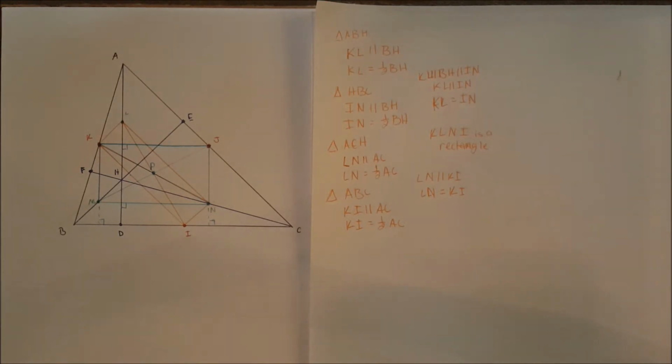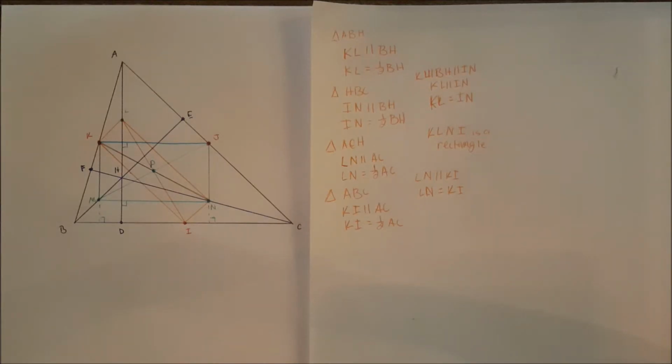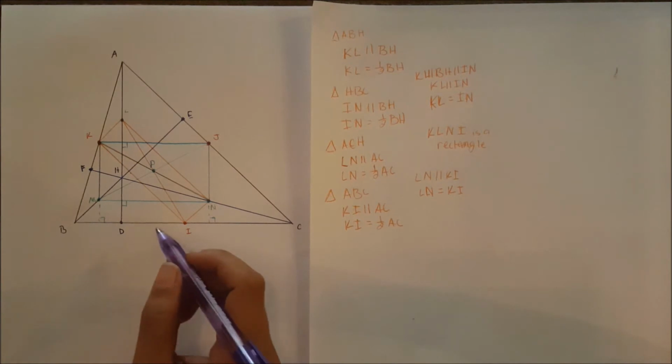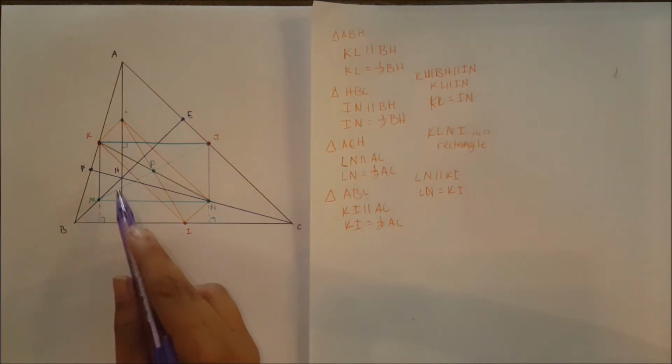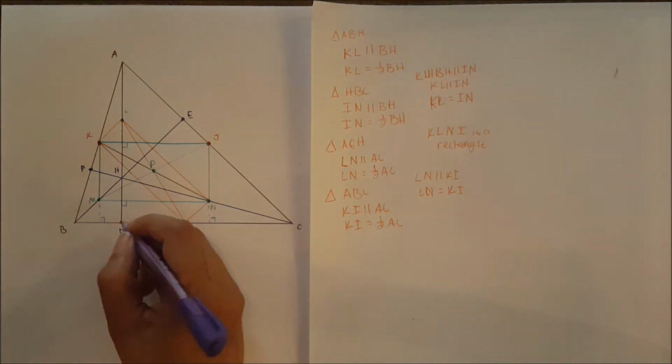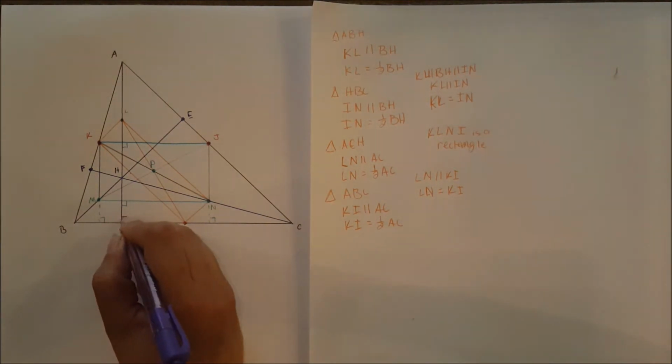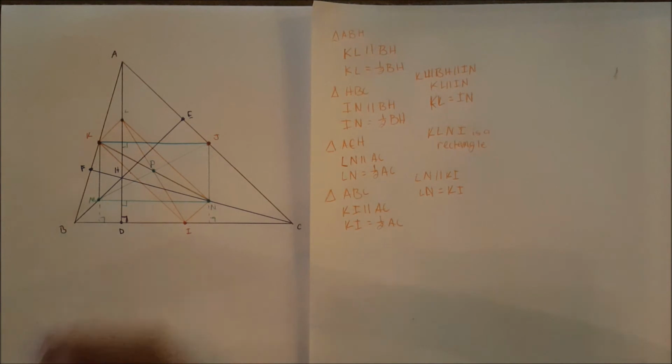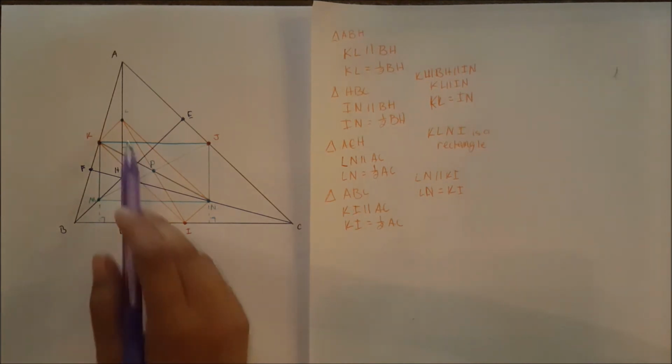Lastly, we just need to prove that the feet of our altitudes lie on our 9-point circle. So let's look at point D. So we know that AD is perpendicular to BC with D lying on BC. But let's look at the triangle LDI.